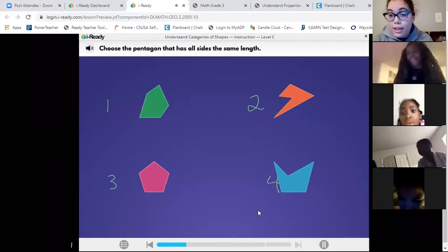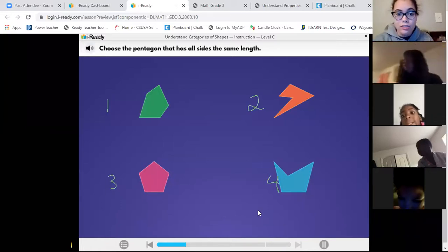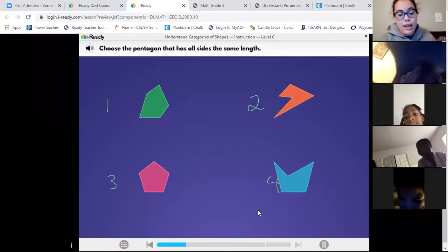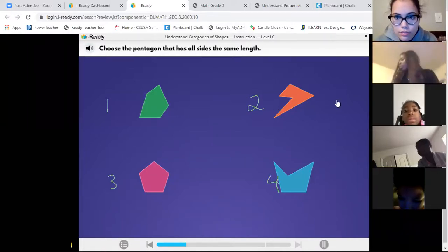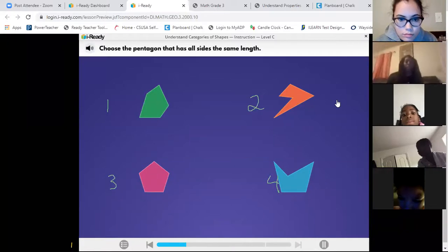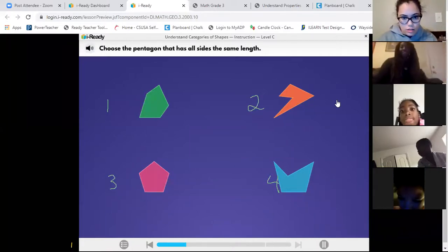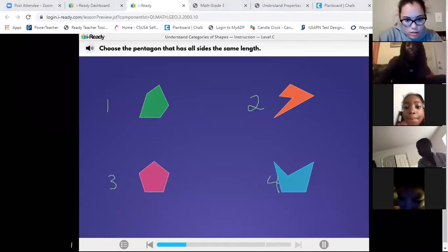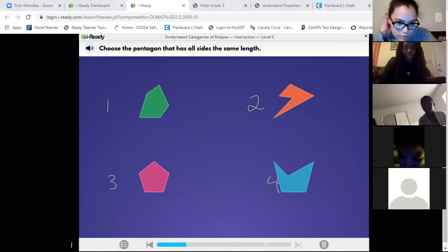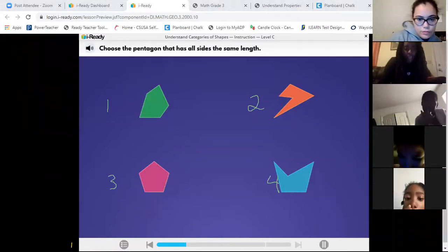These are all pentagons. They have 5 sides, 5 angles. Which one has all sides the same length? Drop it in the chat. Okay, let's see. Choose the pentagon that has all sides the same length.